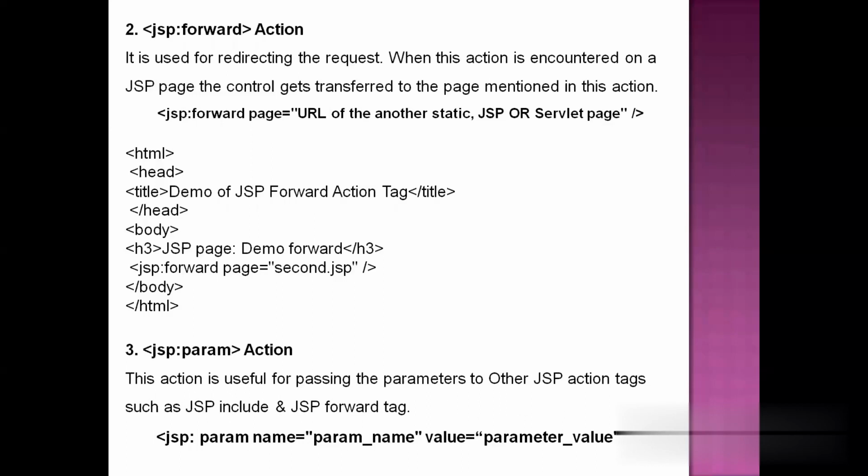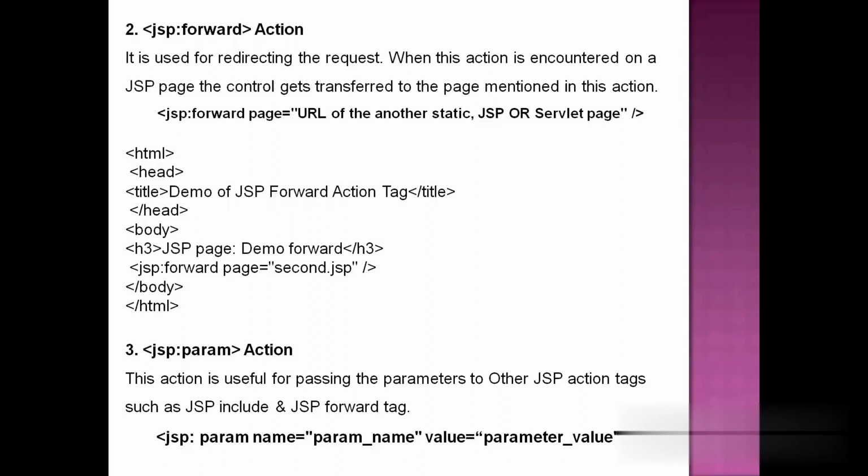Next, see the third one, the JSP param tag. This param action tag is useful for us whenever you want to pass some parameters to other JSP files. Here, the syntax of the JSP param tag is jsp:param name equal to the name of the parameter, value equal to the value of the parameter.